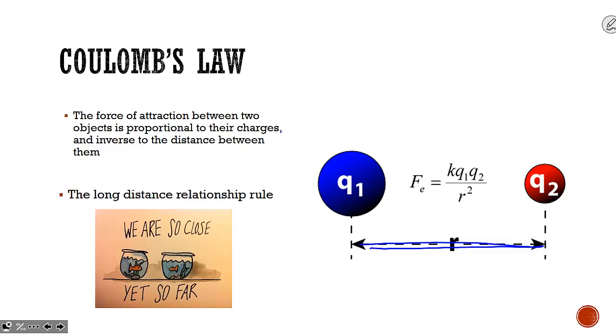So I sometimes refer to this as the law of long-distance relationships, because long-distance relationships don't work. The further you are from the person you are dating, the less likely that is to pan out. So in Coulomb's law, that distance is represented as the denominator, because the greater this distance is, the smaller the force of attraction will become.